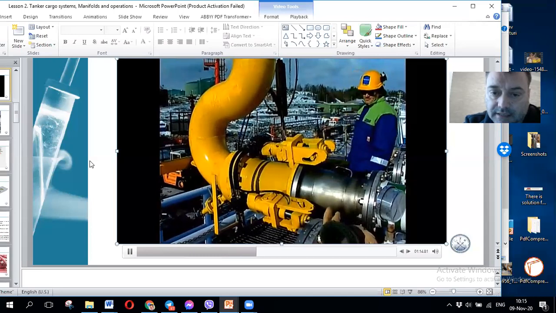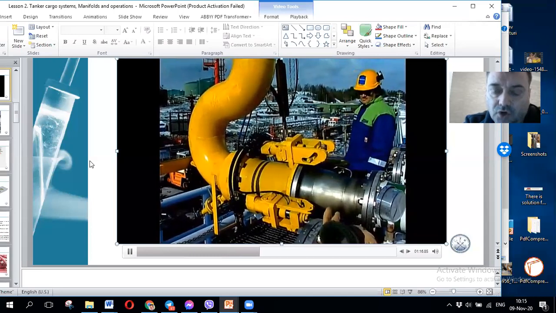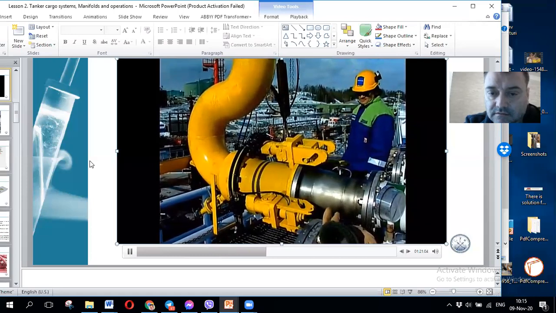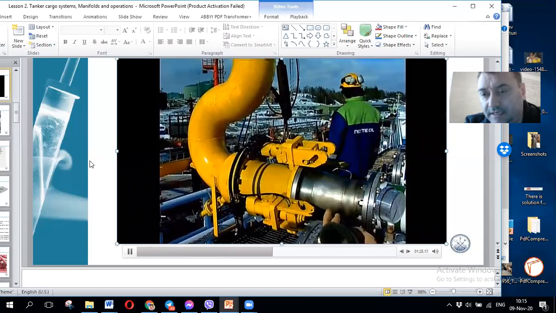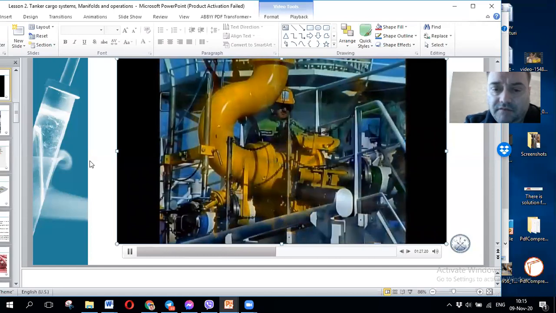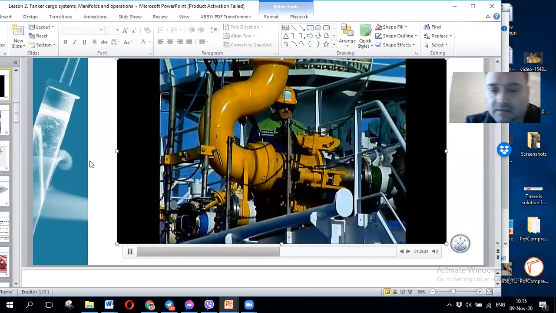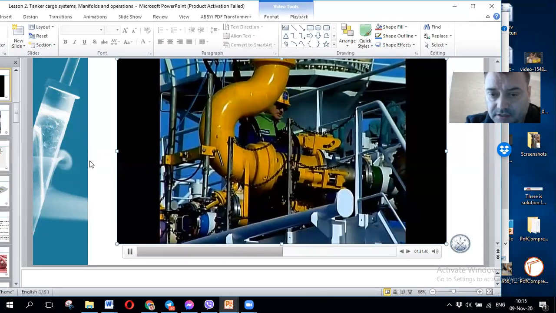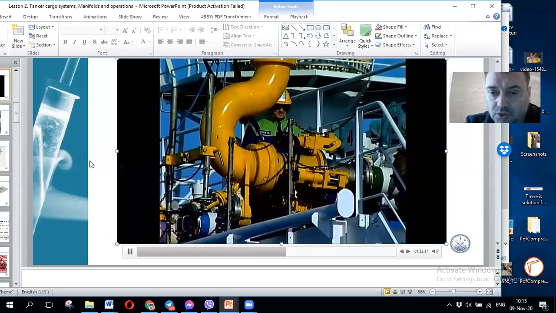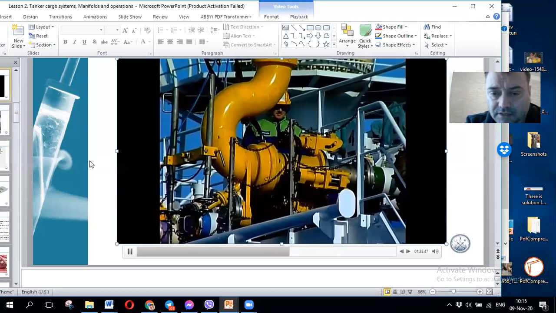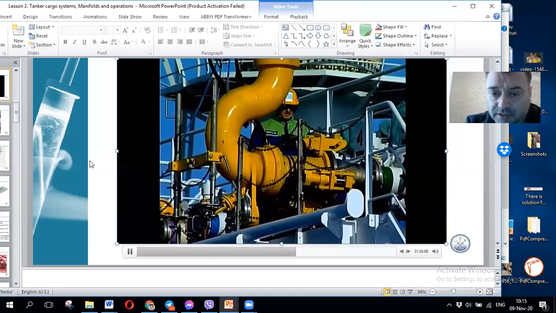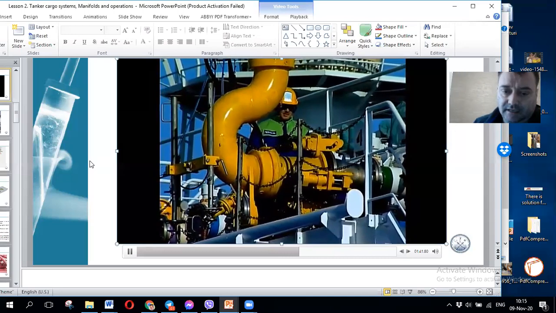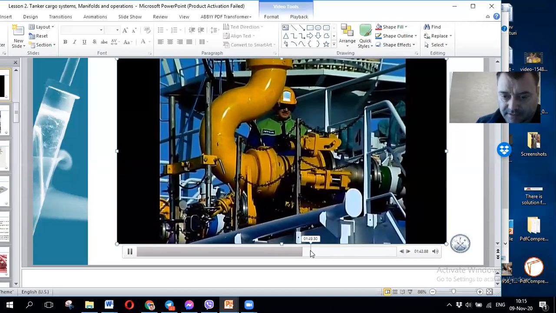And it's attached by the hydraulic system. So now it's connected. Now you can open the valve and start the loading or discharge operation to shore. The same way it is disconnected when you finish your cargo operation. It's the same way, no difference.